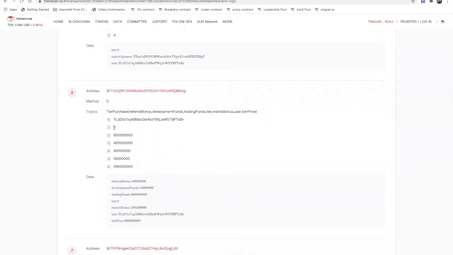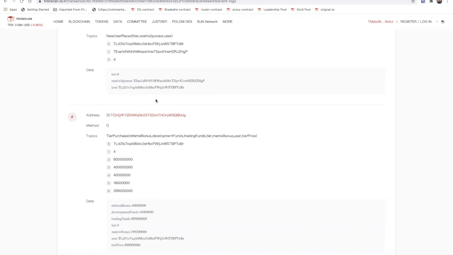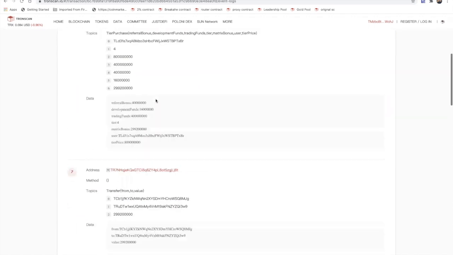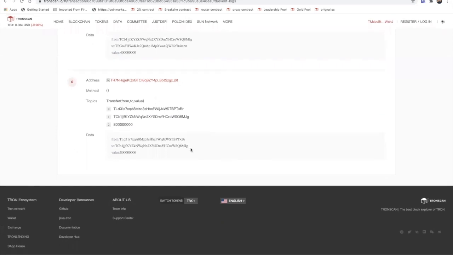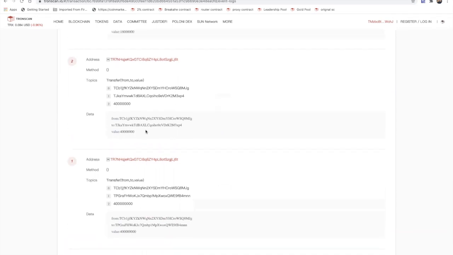Here it tells us right here, tier 4. Yes, tier 4, you can see there. So this is the trading account here. And this should be, yep, here it is, $40. 1, 2, 3, 4, 5, 6, $40. So here's the refer bonus right here. It paid out to wallet XP4.